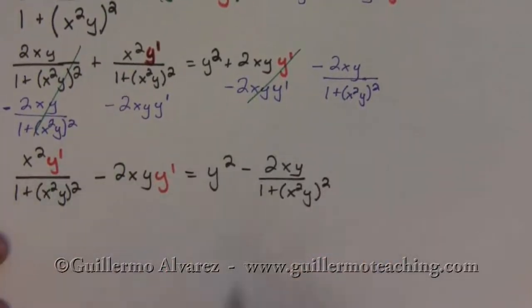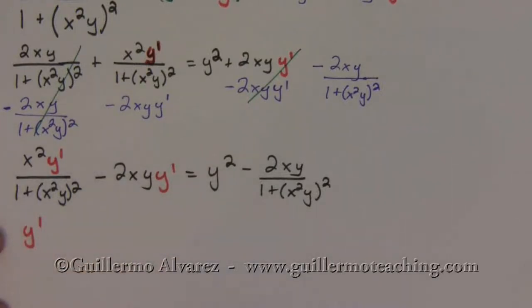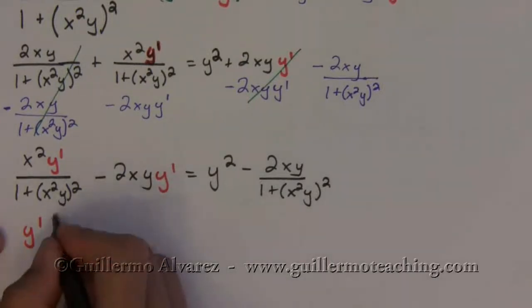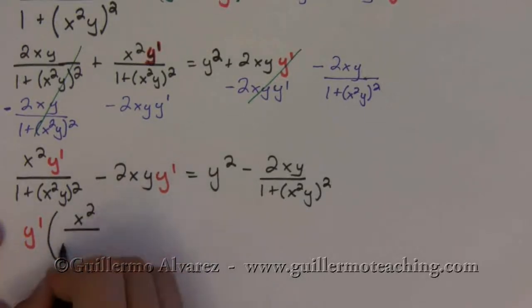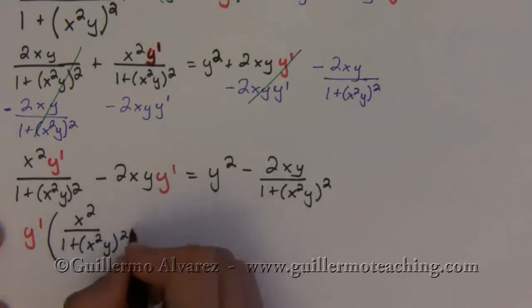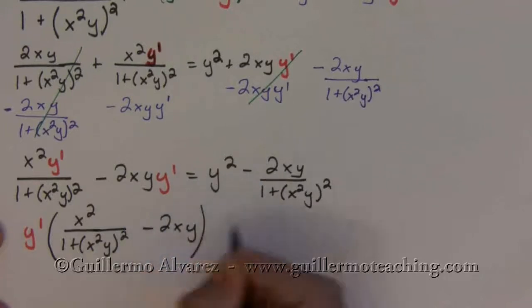Okay, now here I'm trying to solve for y prime, and so I can factor it out, and I would be left with x squared over 1 plus x squared y squared minus 2xy. And the right side is going to stay the same.